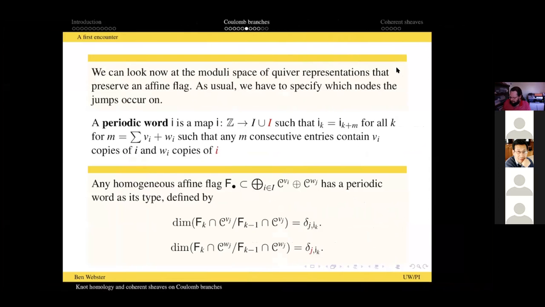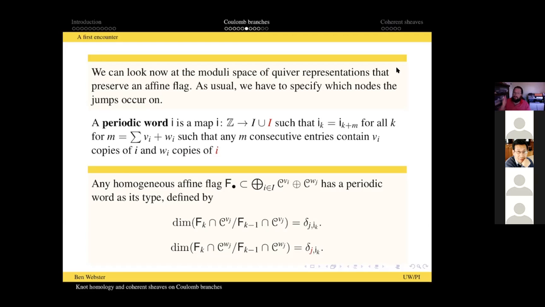So let me not get too deep into the details here because I don't have much time. But you think through, okay, what does it mean for a quiver representation over the Laurent polynomials to have a compatible flag? Well, you have to say at each step when you go from one flag to the next one, you're going to be changing over one vertex in your quiver, and you have to say, well, which vertex is that you're changing?